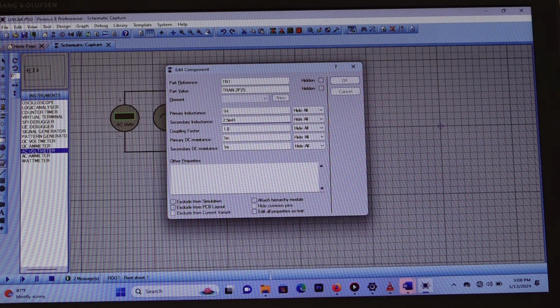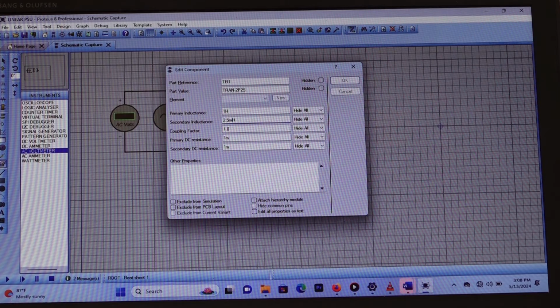Once we change that parameter, the primary inductance is 1 Henry and the secondary inductance is 2.5 millihenry. So the secondary inductance is less than the primary inductance. From there, we have changed the number of turns of the secondary coil and made a step-down transformer which provides an output root mean square voltage of 12 volts.